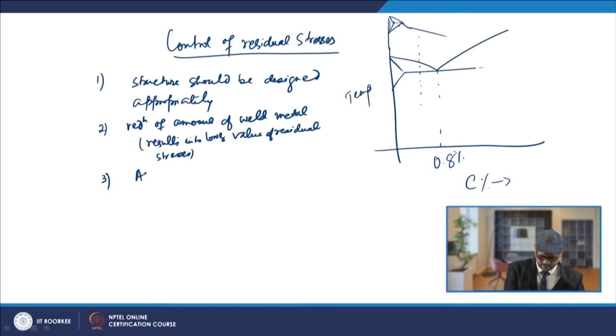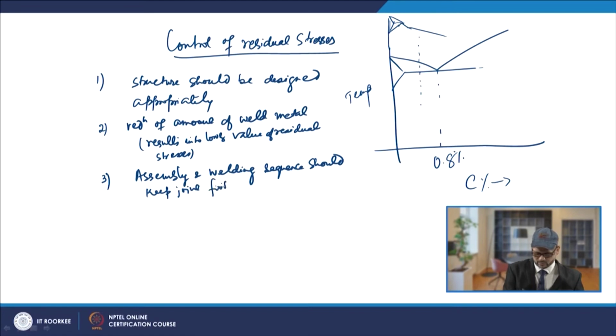It should keep the joint fixity to a minimum. So the assembly and welding sequence should keep joint fixity to a minimum.